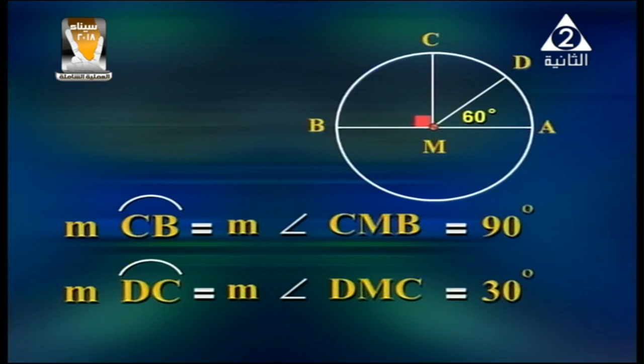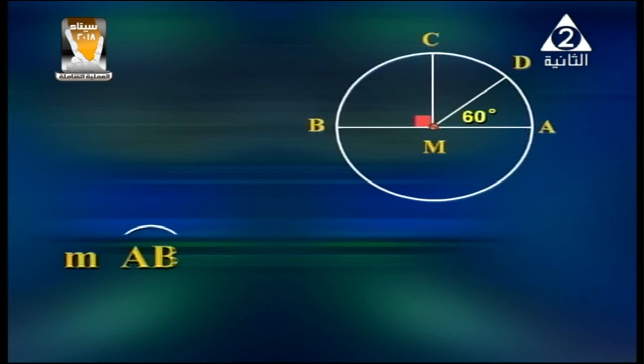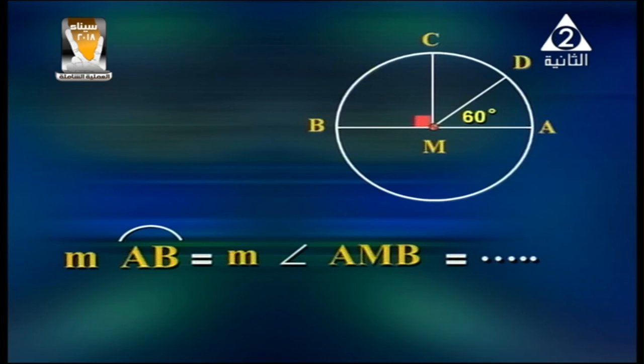So measure angle DMC equals 30. So measure DC arc equals 30. What about measure AB arc? AB arc equals the measure of the central angle subtended to it. So it is equal to measure angle AMB, which is equal to 180 degrees.